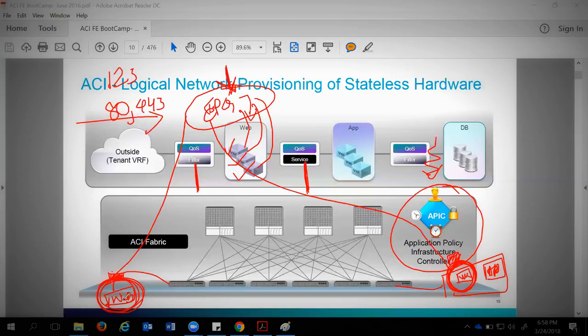Like this time, web and web are only connected on these switches, so the policy should be written only on these switches. It shouldn't be written on the other set of switches.